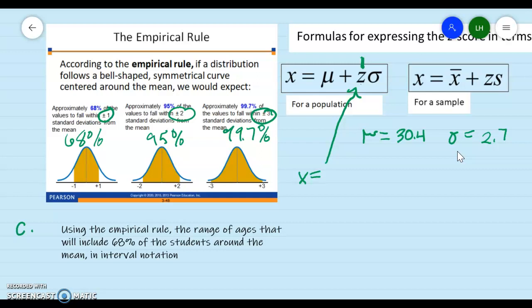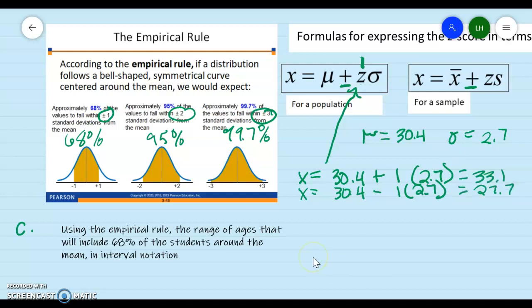So we're going to do 30.4, and I believe this should say plus and minus here because we're going to do above and below. So we're going to do 30.4 plus 1 times 2.7, and 30.4 minus 1 times 2.7. So let's get those two values there.